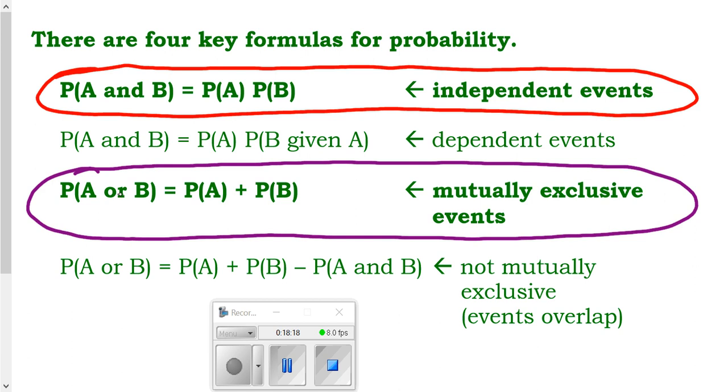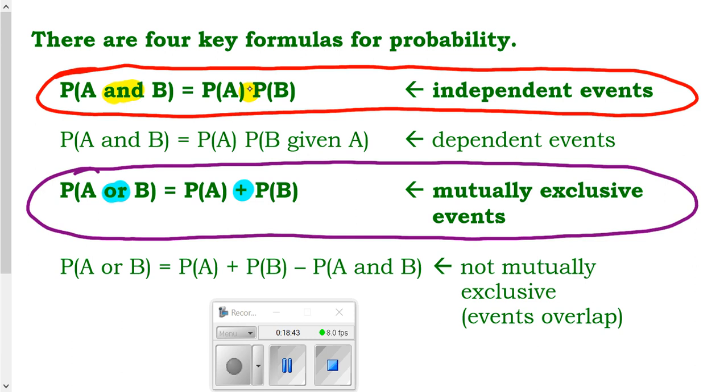I said that the word or, unlike in the rest of the world, is going to indicate adding, which is super weird because usually adding goes with the word and, and in probability life, and goes with multiplying. So weird, okay? So the 2 formulas that I circled on the screen right now, those are the 2 that we're going to focus on in this unit.